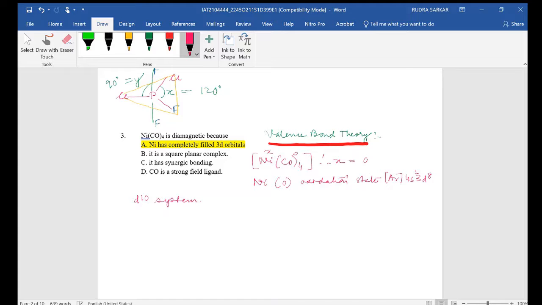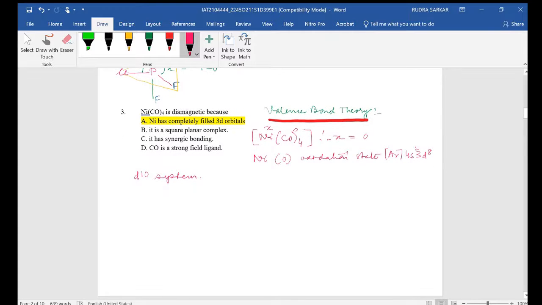Okay. Now if that is the case, if this is the energy for the orbitals, let's say this is the d orbital, and we are calling this as 3d. So there are 5 such degenerate levels, which is being followed up by the higher energy level, which is the 4s.